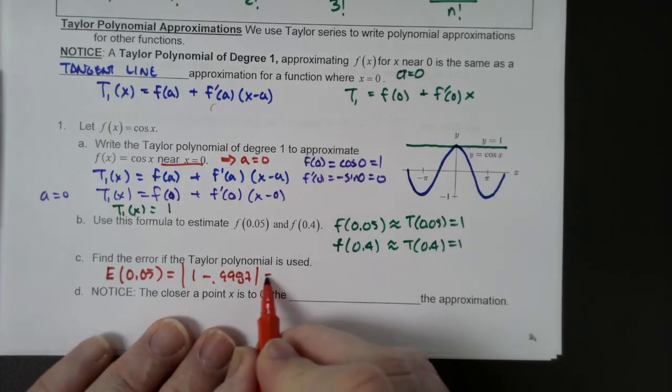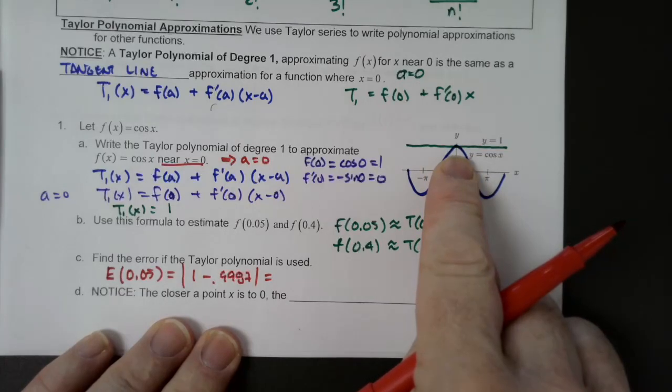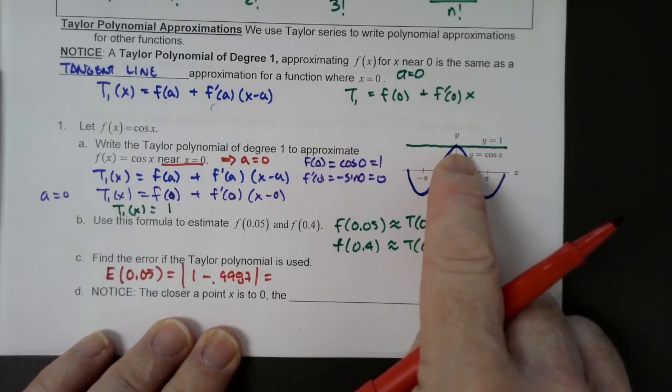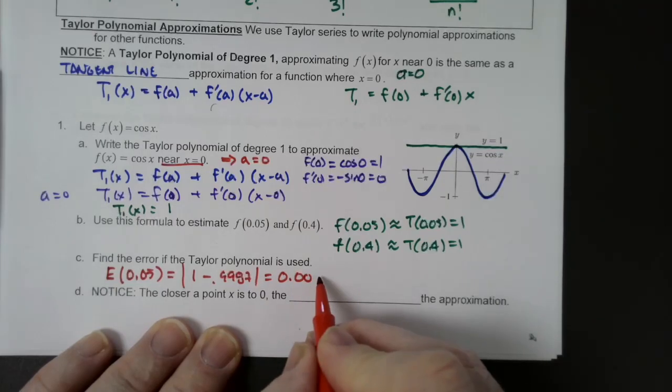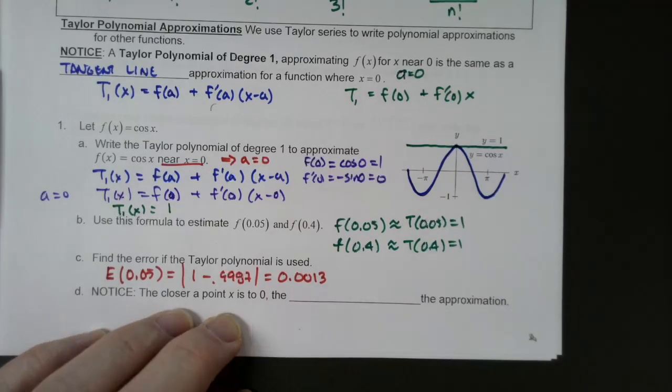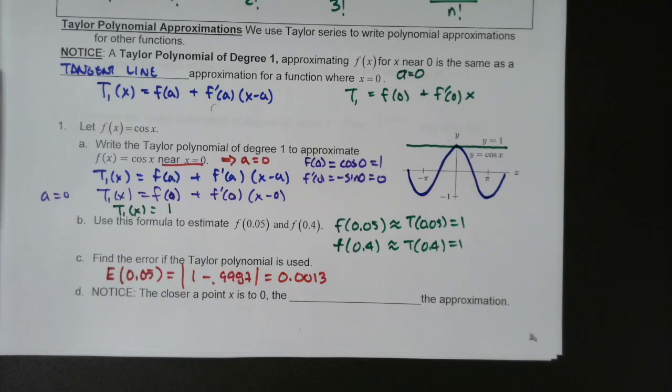So in reality, even though it looks pretty lame, if you're pretty close to 0, look how close you are. You only have an error of 0.0013. That's 13 ten-thousandths. That's pretty close.